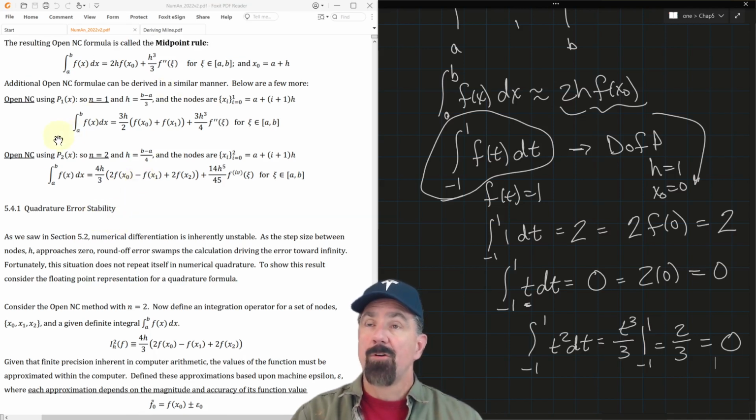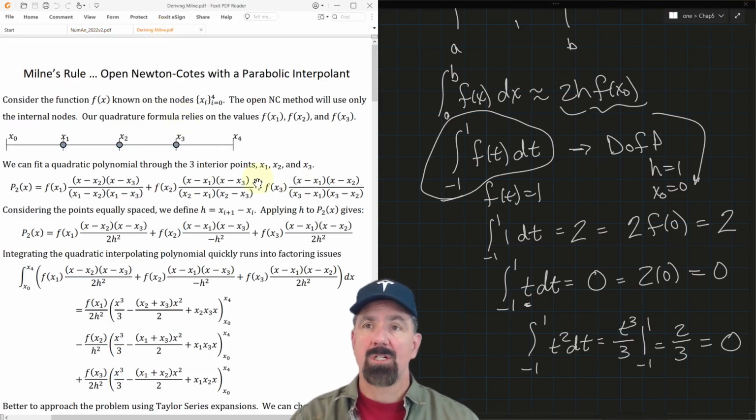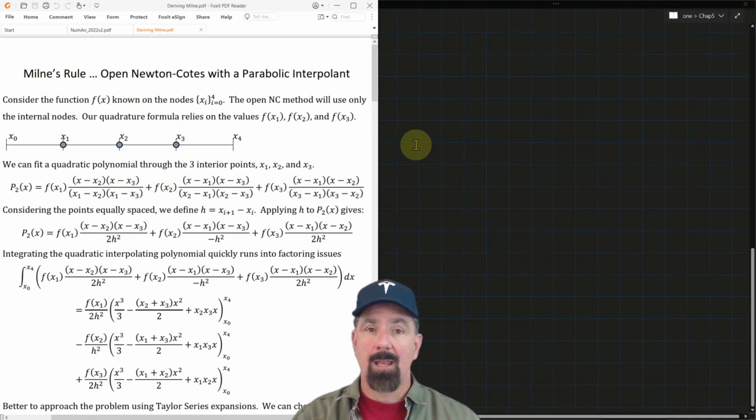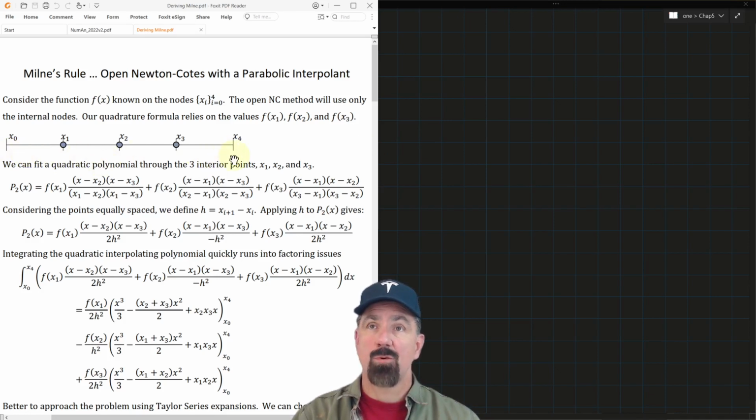All right, so without further ado, let's take a look at this problem right here. I have this PDF, which is talking about deriving the open Newton-Cotes method with, again, a parabola. And in this case, we have a different situation.